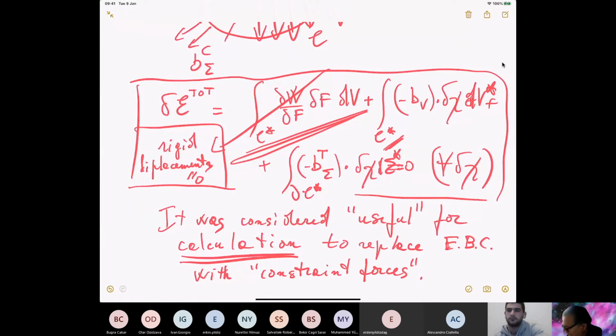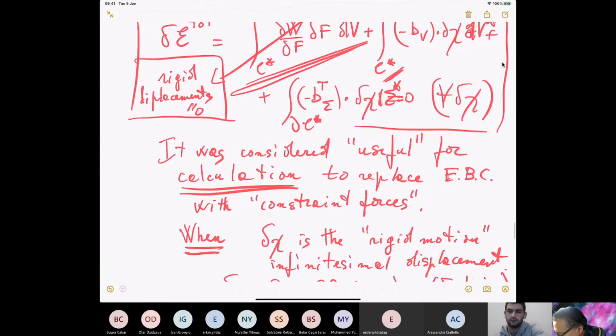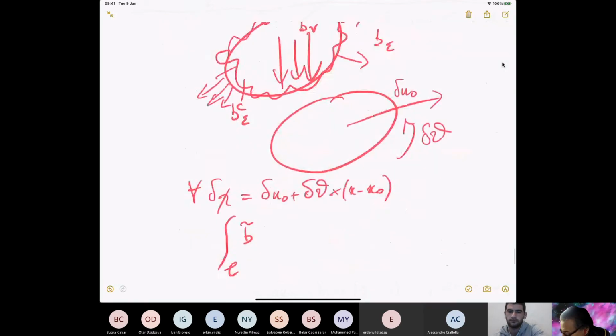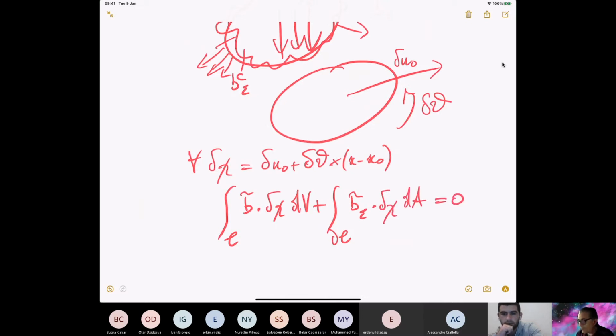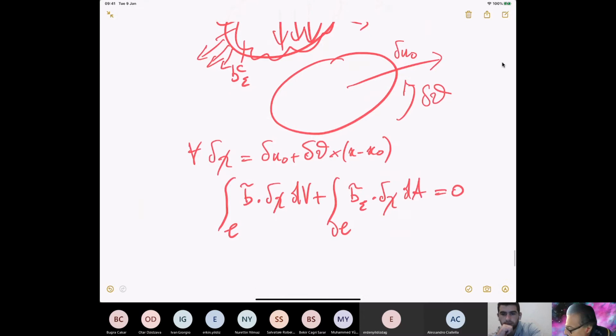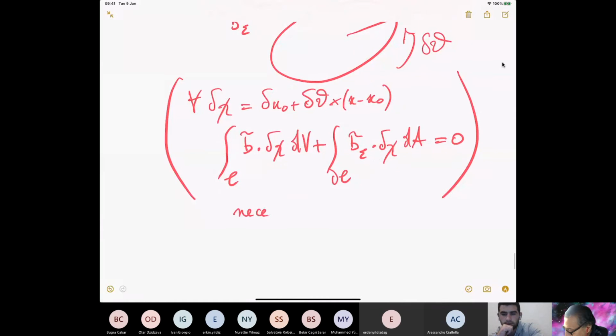Okay, but let's postpone the technical details. Delta K, delta V, dV plus integral over the boundary of C of B tilde sigma dot delta K delta area. This has to be equal to 0. So this is a necessary condition for equilibrium.